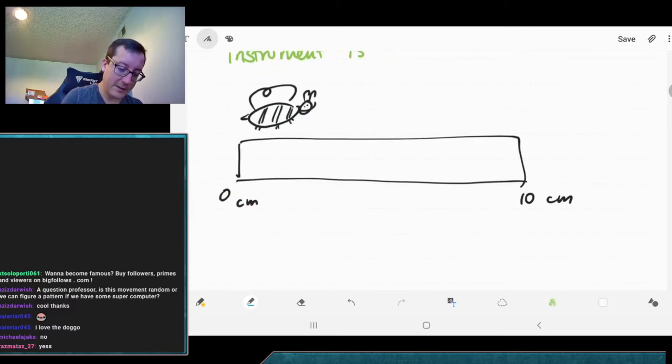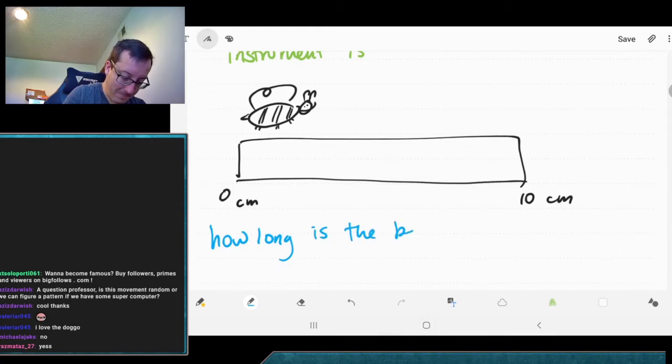So we're going to see what we get here. So how long is this bee? Apparently its smile extends past its face, but whatever, we can measure there. Because this ruler is a piece of crap, we don't have a lot of information here.